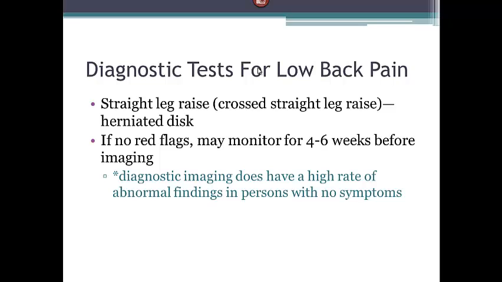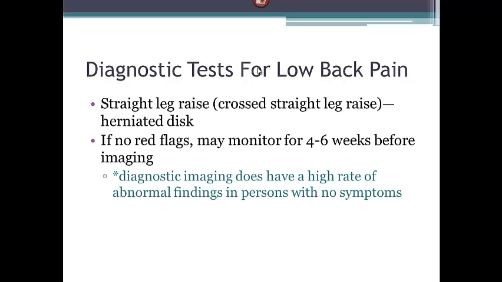How do you diagnose this disease? It is basically by the straight leg raise. You do this by elevating the leg without bending the knee. And normally the patient should feel pressure in the low back but not pain.